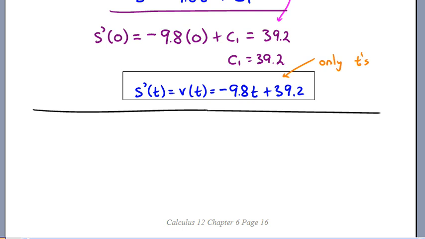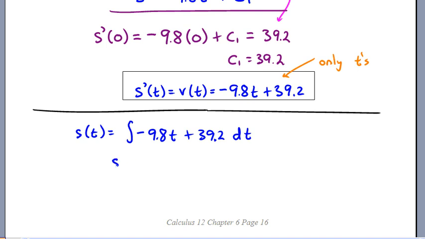That's okay. That means we can just do an antiderivative. If you want to talk about S, we have to do an integral, an antiderivative of negative 9.8t plus 39.2. And t's are the variable. So okay, this is going to go pretty nicely. Looks like we're going to have a t squared with a 1/2.